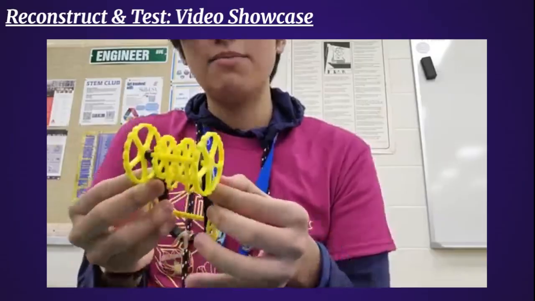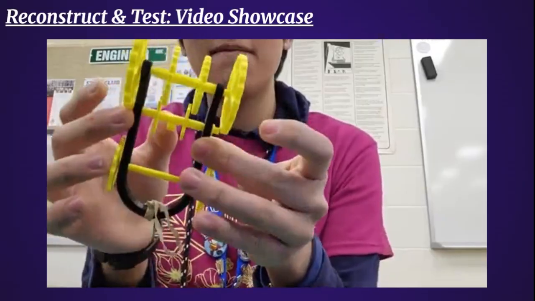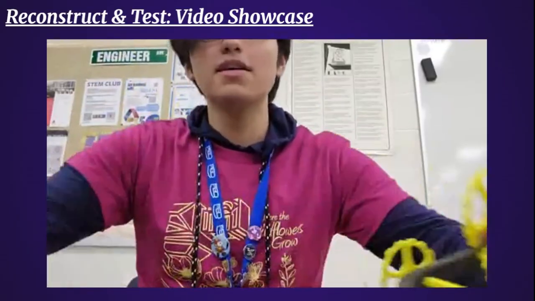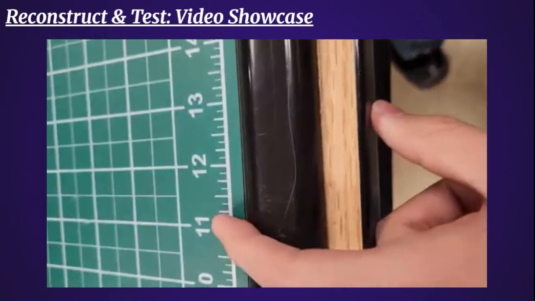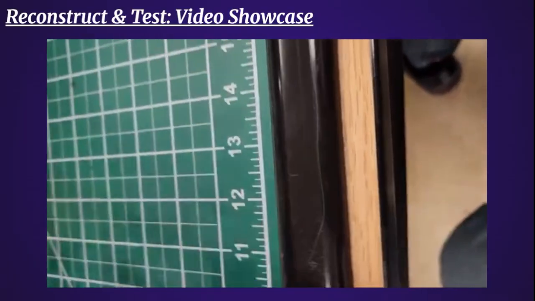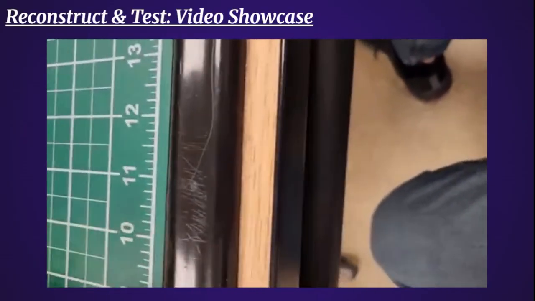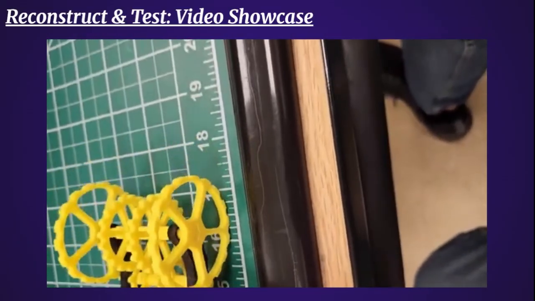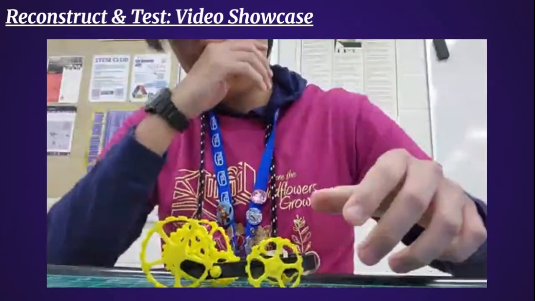I have two C-clips just to keep this middle axle from shifting. But yeah, I'm going to start from 11, and this is meant to go 6 inches, so it should go from 11 to 17. So I'm going to wind it up.